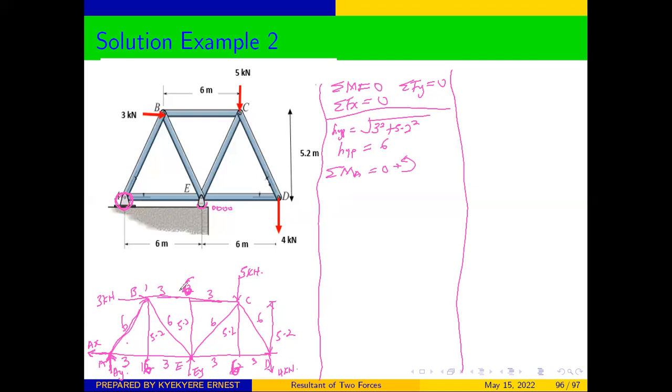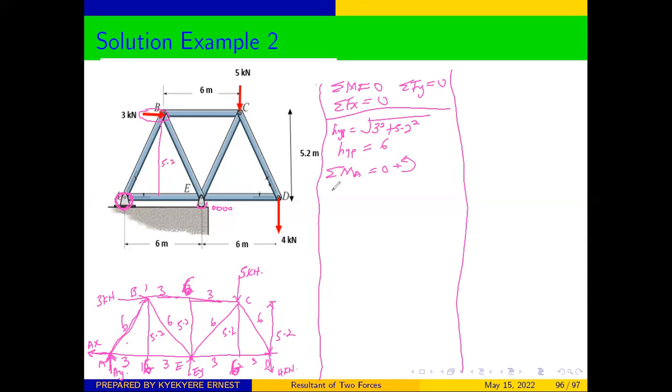Taking moment at A, it means we pick all the forces and multiply by the distance. We pick our 3 newtons here. It is a horizontal force, therefore the distance to where we are taking the moment will be a vertical distance, and we know the length of this is 5.2.